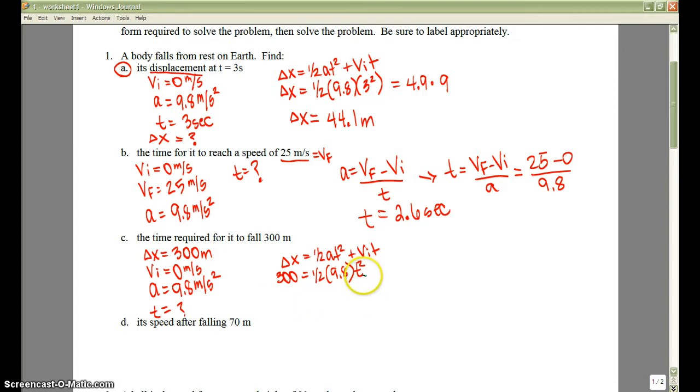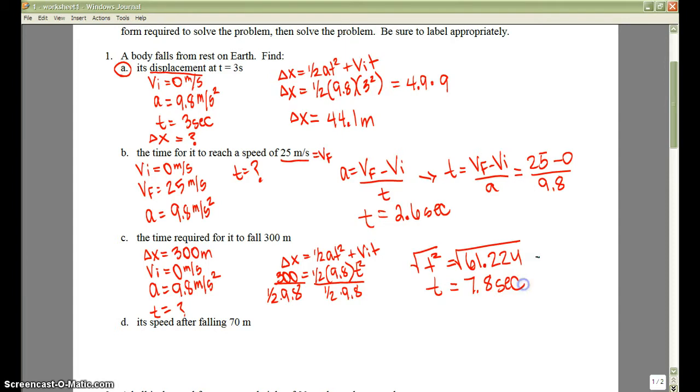To solve for t, we divide by 1/2 times 9.8, doing the same thing on both sides. So t squared is equal to 300 divided by 4.9. Our time squared comes out to be 61.22, a long decimal. To get rid of the square, we take the square root of that number, and we come up with a time of 7.8 seconds for our answer.